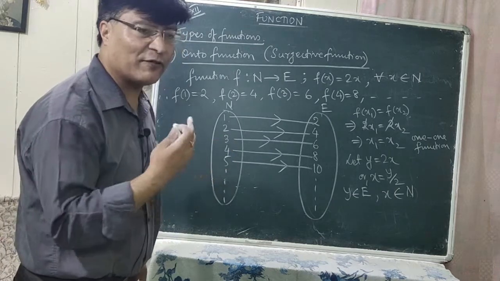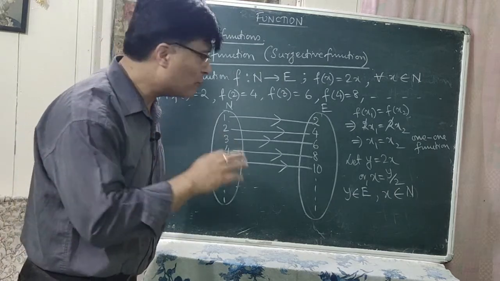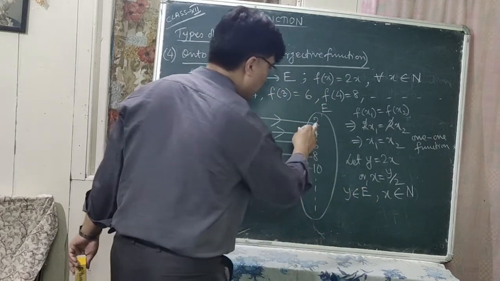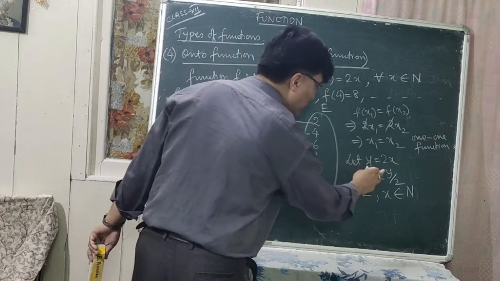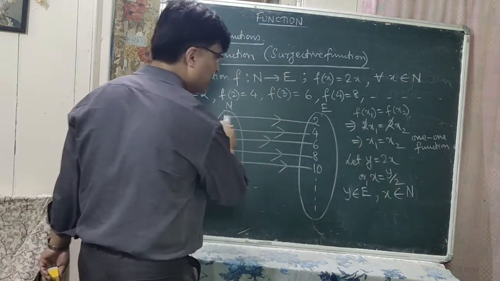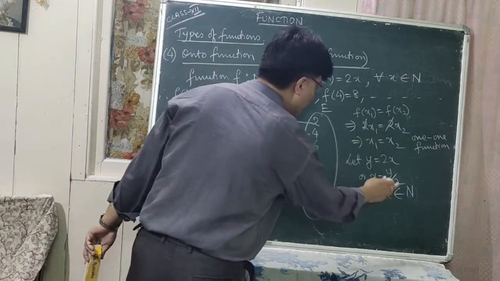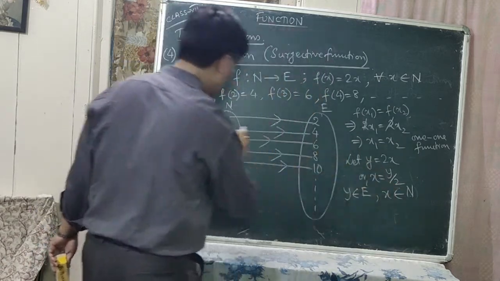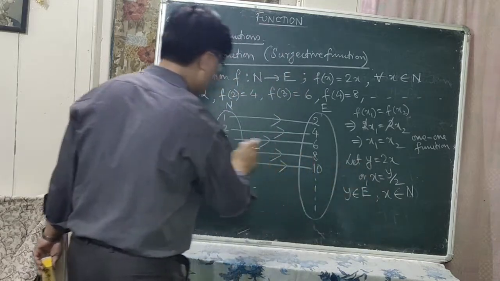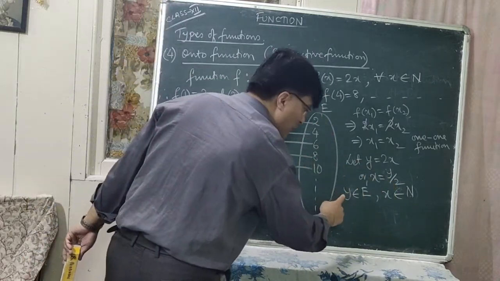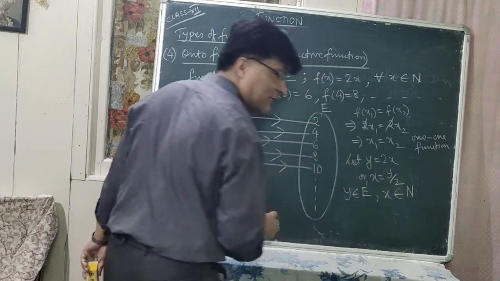You have to prove that f of x is equal to y. यदि y even number भयो भने, if you put even number 2, 2 by 2 is 1. If you put even number 4, 4 by 2 is 2. प्रत्येकको इमेज आउँदैछ. 6 by 2 is 3. 8 by 2 is 4. 10 by 2 is 5 and so on. So if y belongs to E, then x belongs to the natural number.